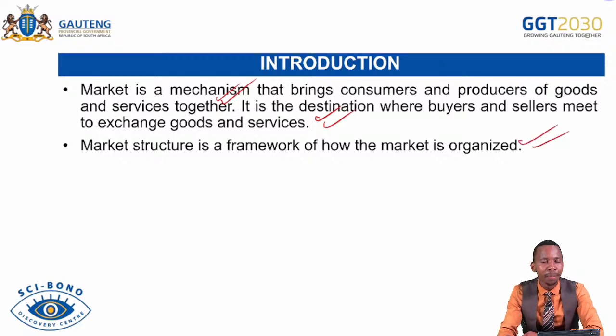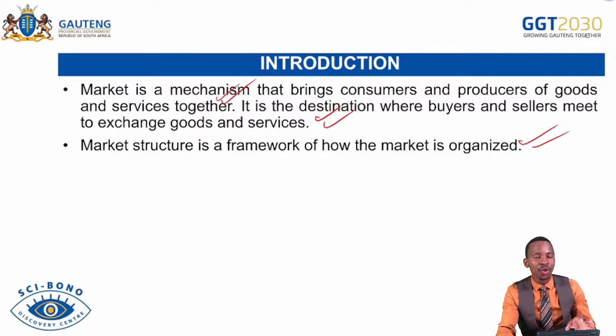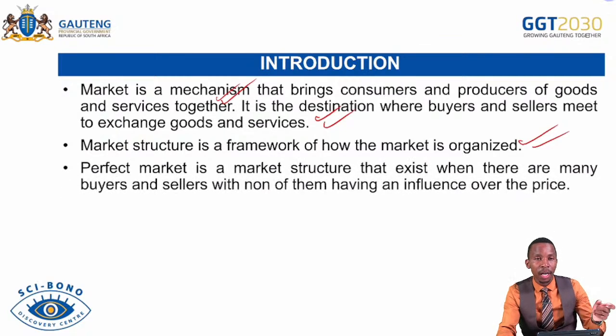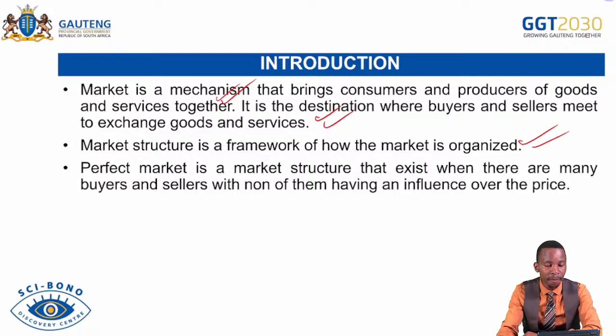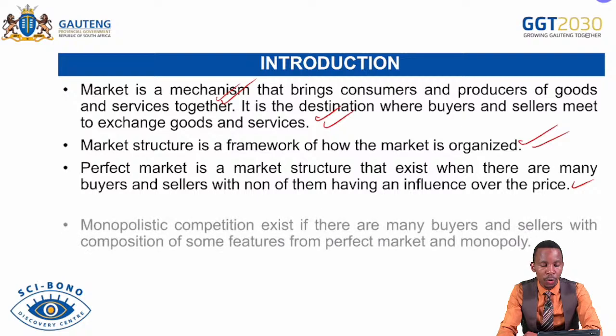So these are simple strategies or ways in which you can provide your introduction as you are given this kind of essay. Perfect market is the market structure that exists when there are many buyers and sellers with none of them having an influence over the price. In this case, remember, you were comparing both the perfect market and the monopolistic, so you must also define monopolistic.